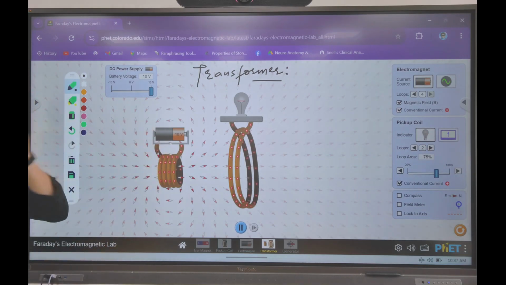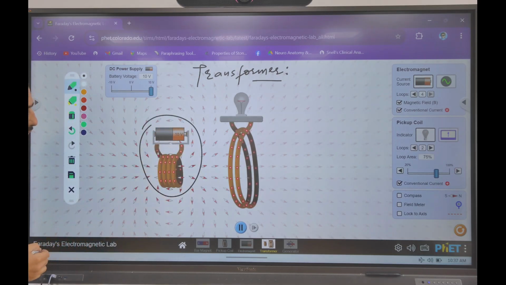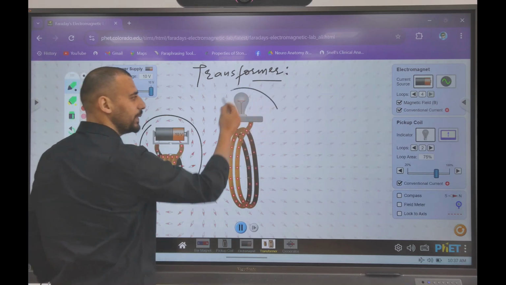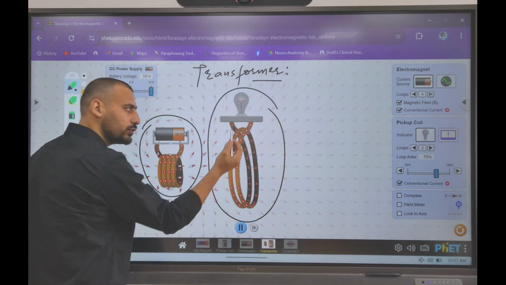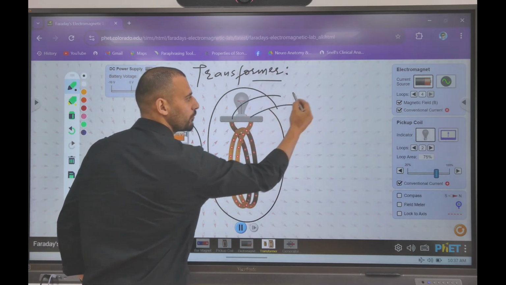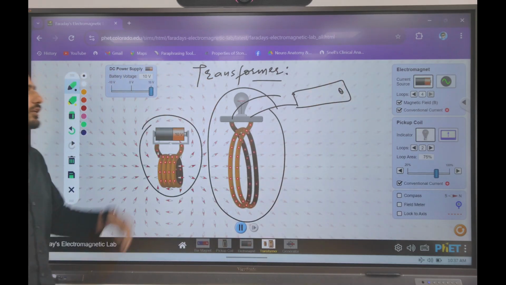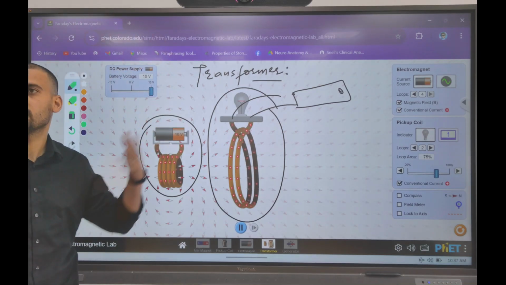The concept is that it consists of an electromagnet and then a pickup coil, and to this pickup coil your phone is connected. Here you have your mobile phone. This is your iPhone. Instead of the bulb, it is your iPhone. Just think like that.